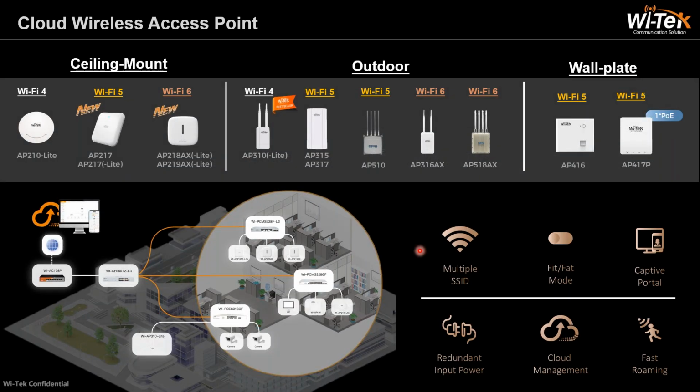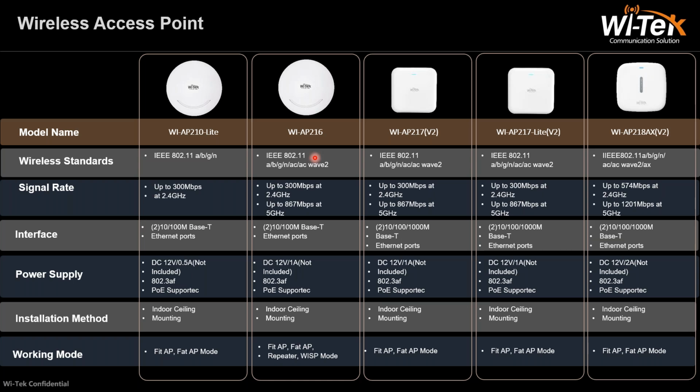The wireless access point is very suitable for commercial business Wi-Fi coverage projects. We have ceiling mounted indoor, ceiling mounted outdoor, and wall mounted wall plate. Our cloud wireless access point must collocate with our cloud security gateway and can build the whole Wi-Fi coverage project.